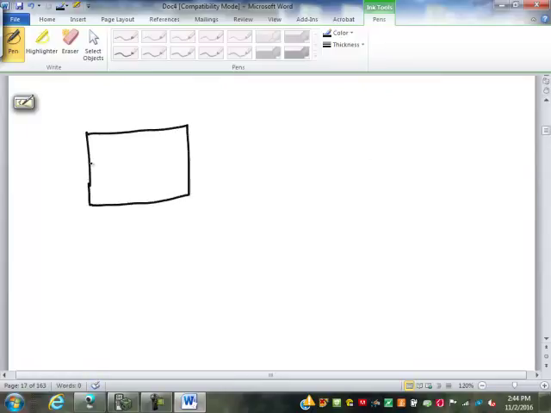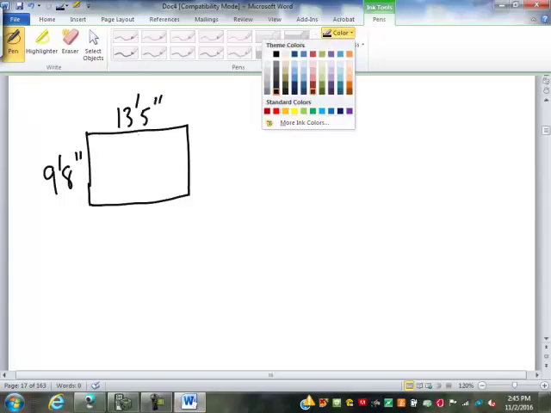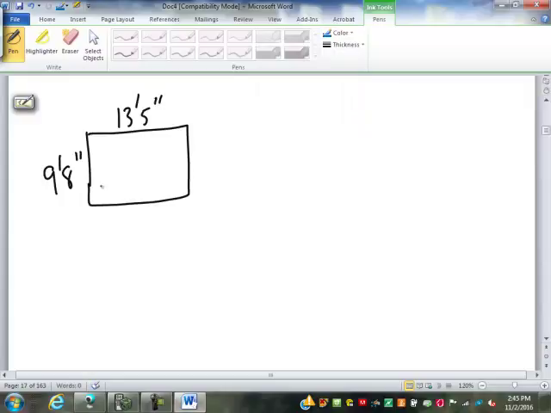Okay. So let's say we have a room that measures 9 feet 8 inches by 13 feet 5 inches. And I want to know how much baseboard molding it's going to take to go around that room.